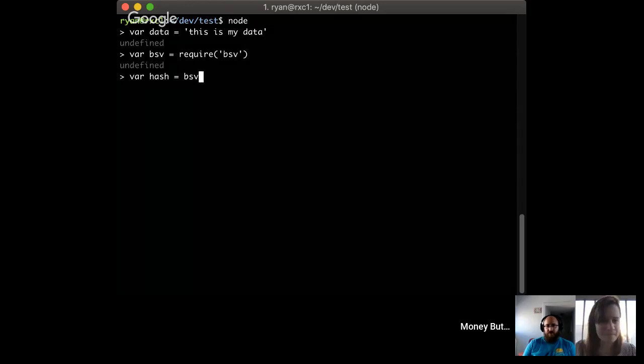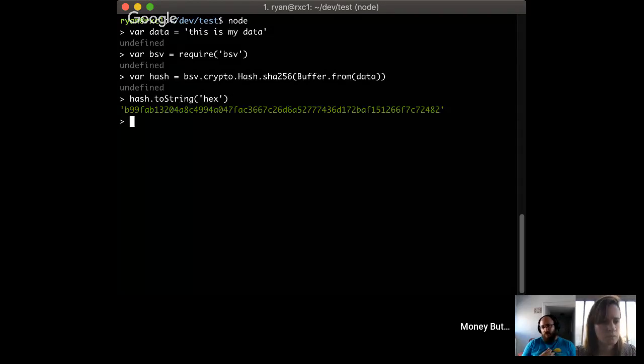My hash is bsv.crypto.hash.sha256 of Buffer.from(data). So I just hashed this data. Now hashes have the property that if I give you this hash, you have no idea what value I hashed. It just looks like random gibberish to you. But if I were to give you the value, you would be able to confirm that it hashes correctly, so you would be able to produce the same hash.